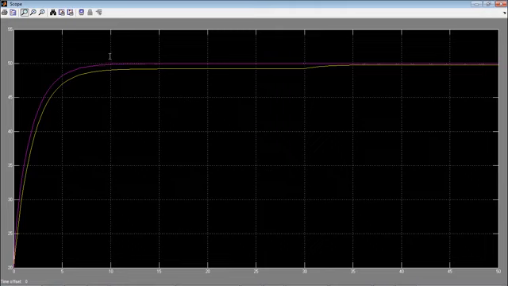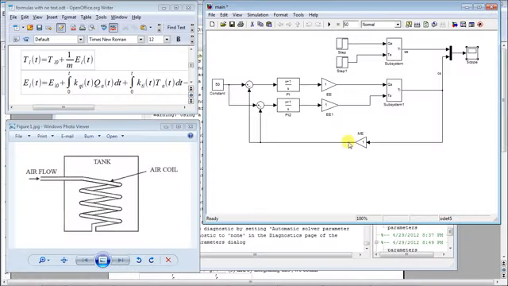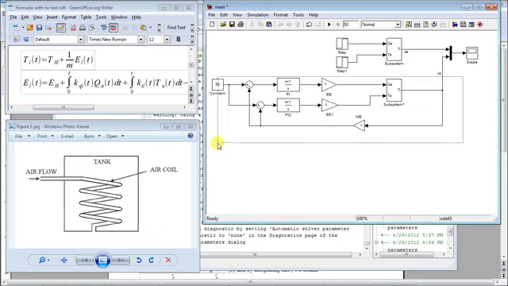And as we can see here, in both cases both systems need about 10 seconds to reach a stable value, and sometimes this is not enough, so this time I'm going to adjust the controller parameters, and for this I'm going to copy paste this system and place a third one.